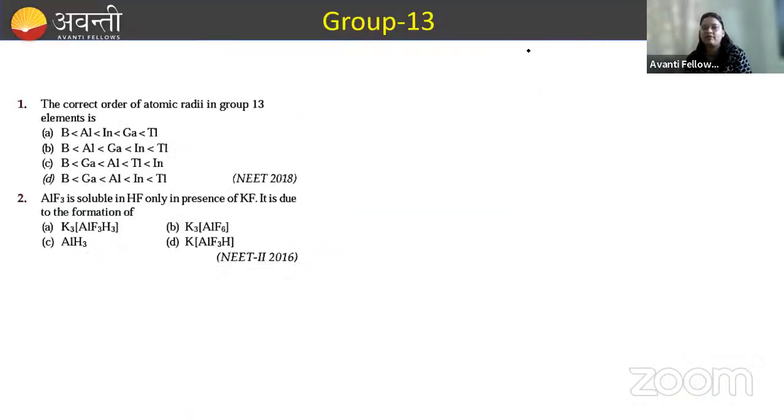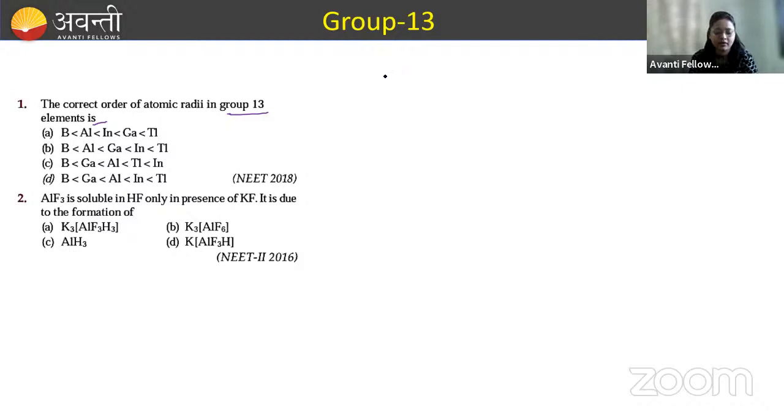First problem, a very simple problem. The correct order of atomic radii in the group 13 elements is what? So here, what will be the order of atomic radius? You know in the periodic table, how does the atomic radius change?